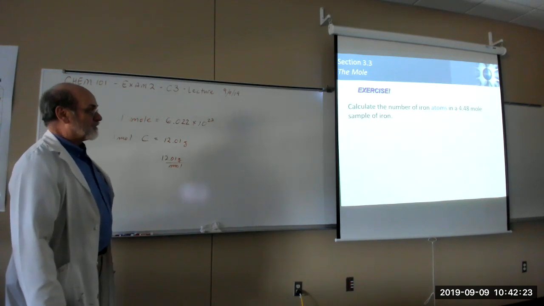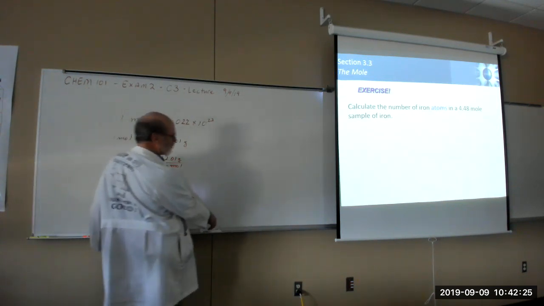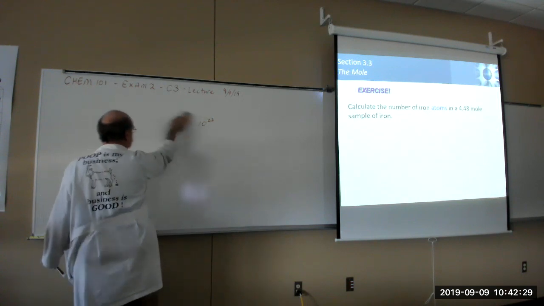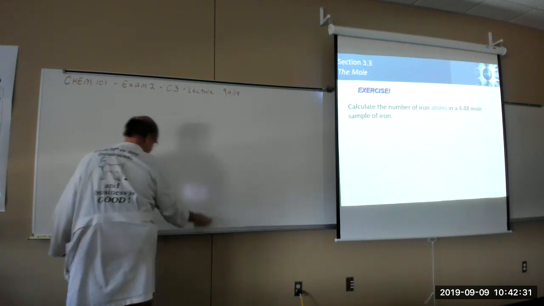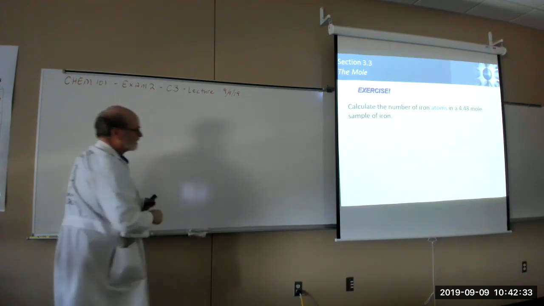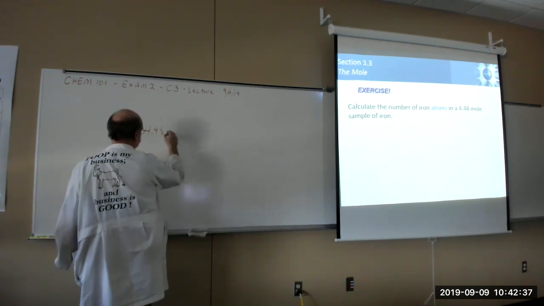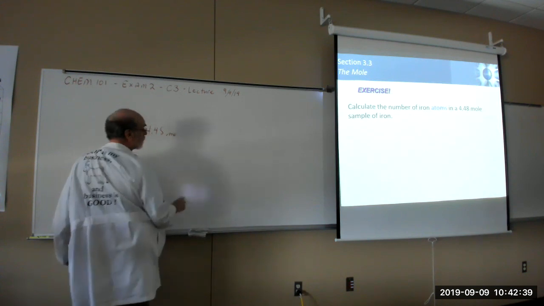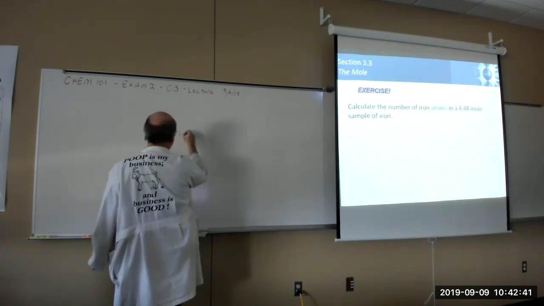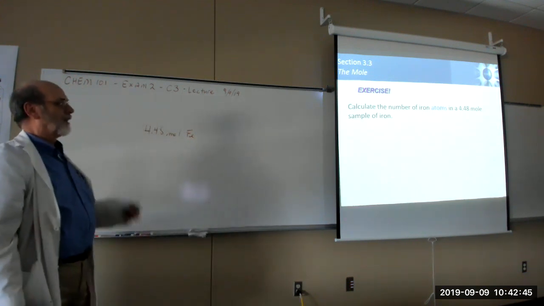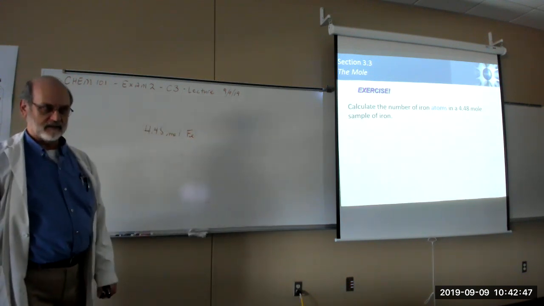Okay, so let's say we have 4.48 moles of iron atoms that we've purified from nature, and we want to know how many atoms that represents.